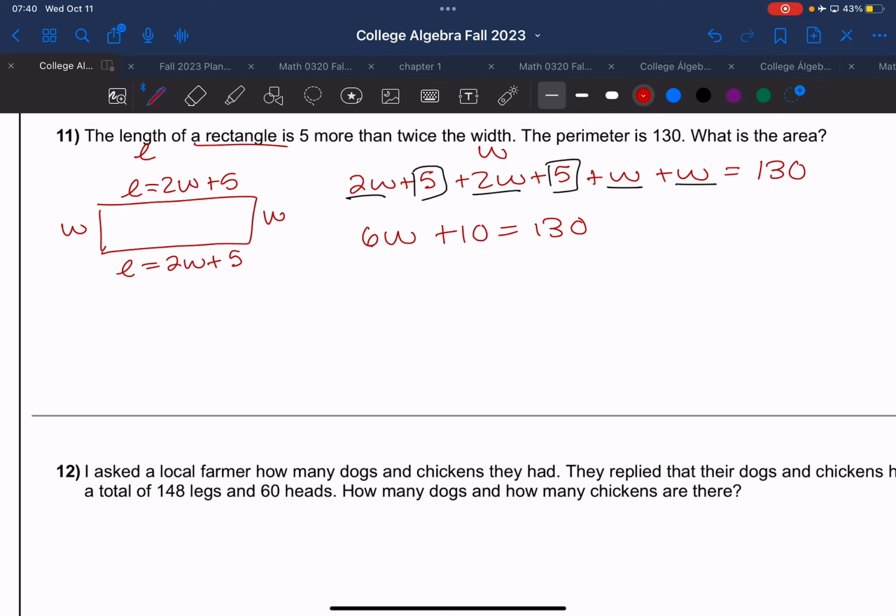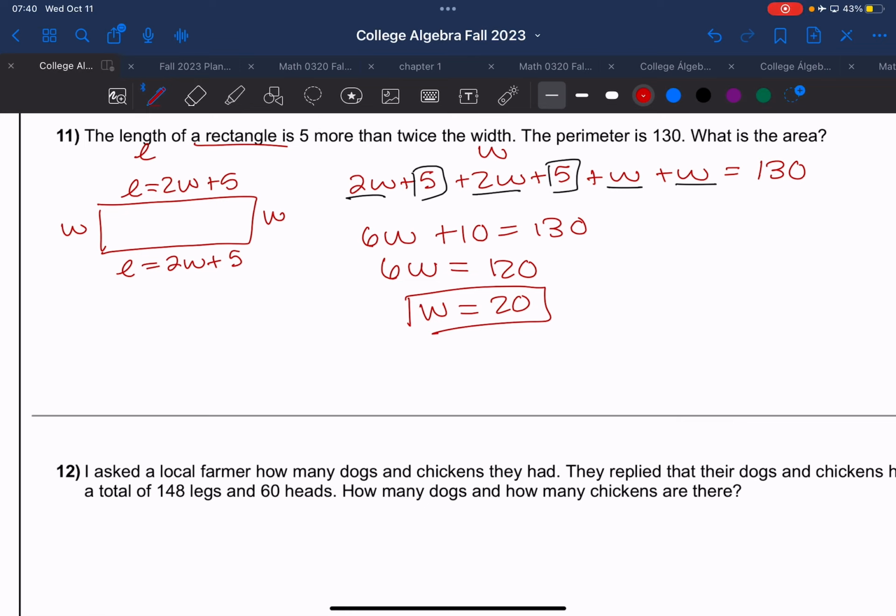What's our first step to get W by itself? Subtract 10, so I get 6W is equal to 120. And then I need to divide by the number in front of W. What's 120 divided by 6? 20. This right here gives me my width.